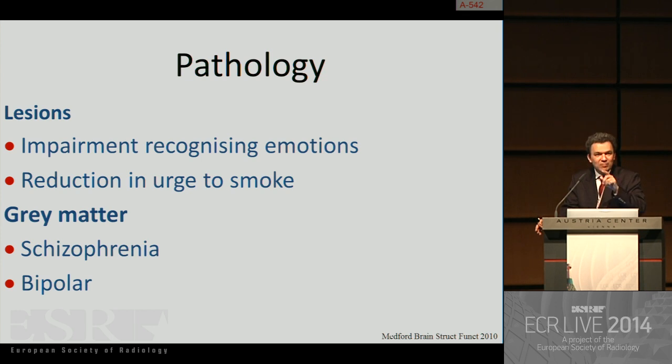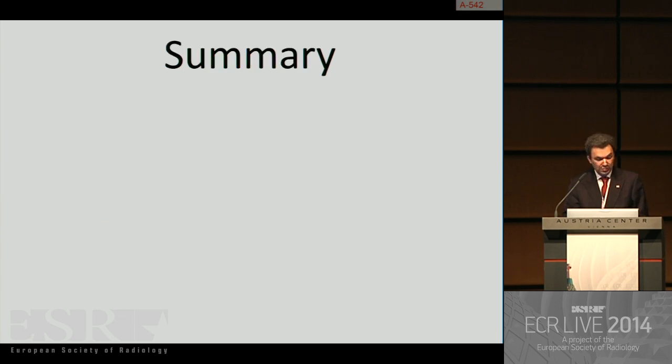But the people, just before I killed them, they looked like that. So he cannot interpret emotions, and this is one of the things with certain lesions. I'm not saying that he had those lesions, but it is one of those aspects. A lesion showed a reduction in the urge to smoke. Certain changes in the gray matter seem to be related to schizophrenia, for example.